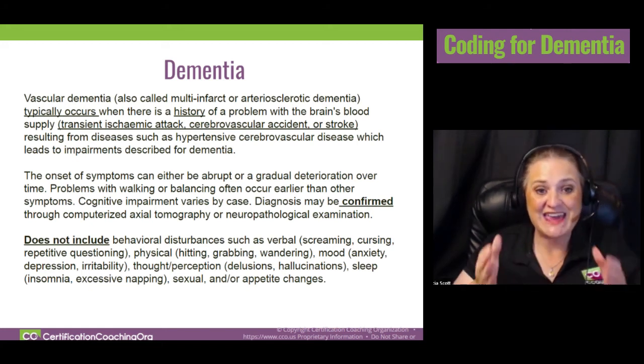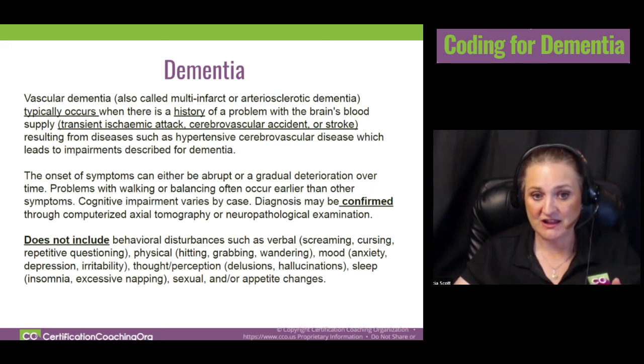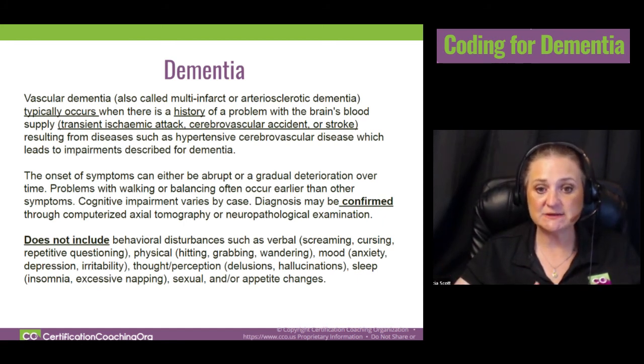However, they can't tell behavioral disturbances via a scan or a blood test or anything. That has to be done by observing or monitoring it, or by the history from family and loved ones or nursing staff.